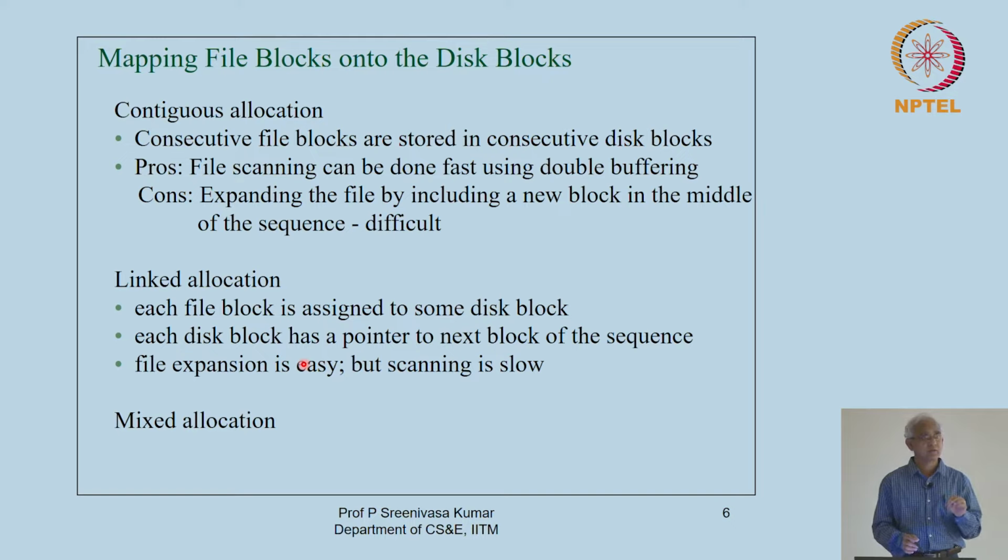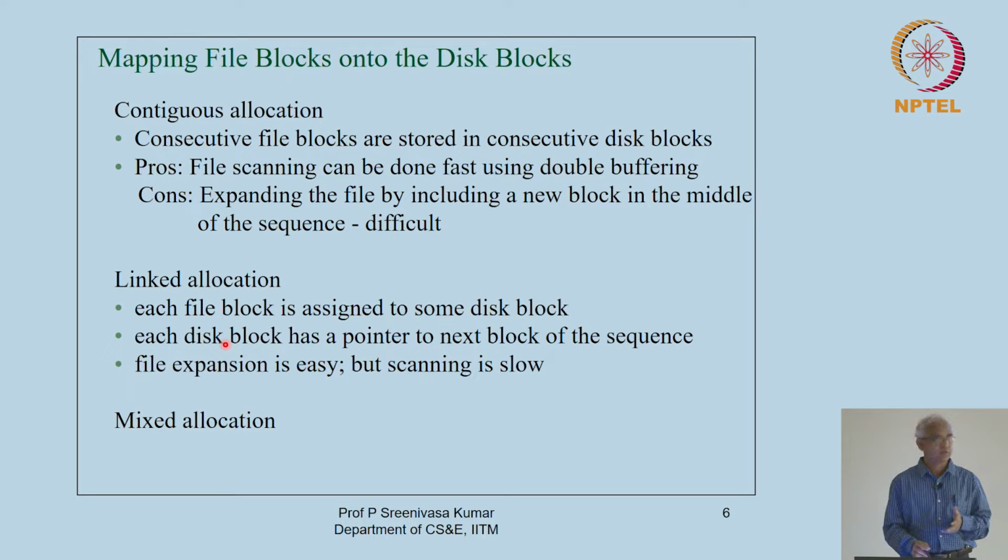The disk address has surface number, cylinder number, and block number, so it takes about 10 bytes or something. That's the disk address. This disk address will be stored in each of these file blocks, so that you will be able to find out where the next file block is lying on the disk.